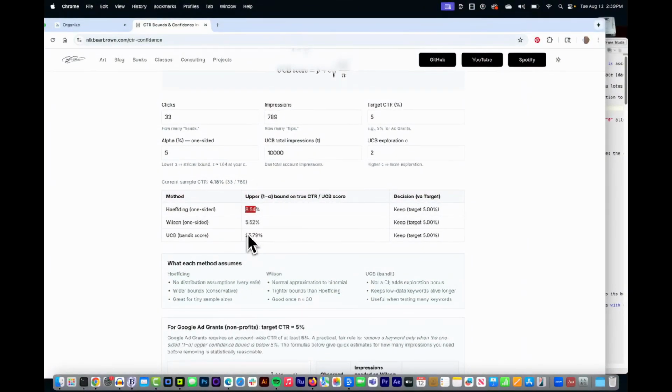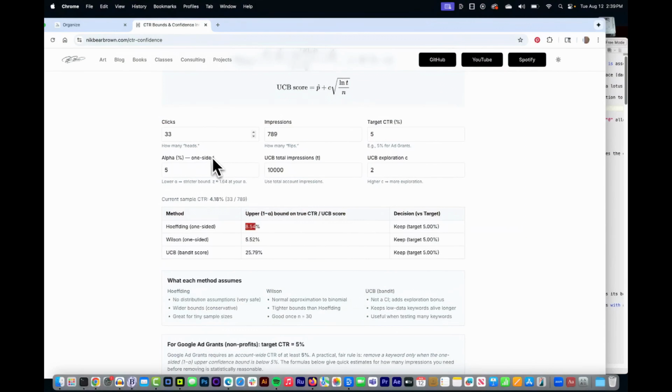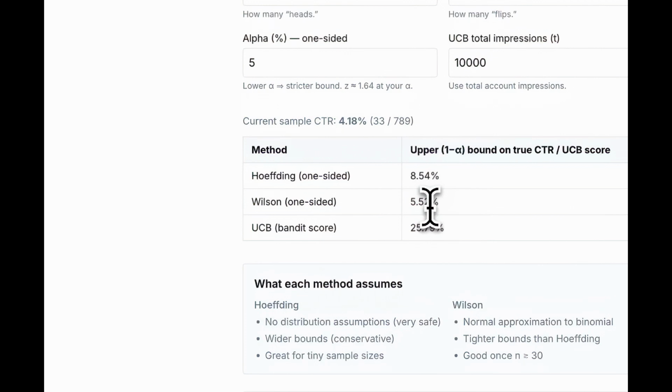So you should still keep on trying, even though the actual rate is 33 out of 789. And the same thing here for Wilson. Both of them say keep it. Wilson is more conservative, and so this will typically be lower than that.